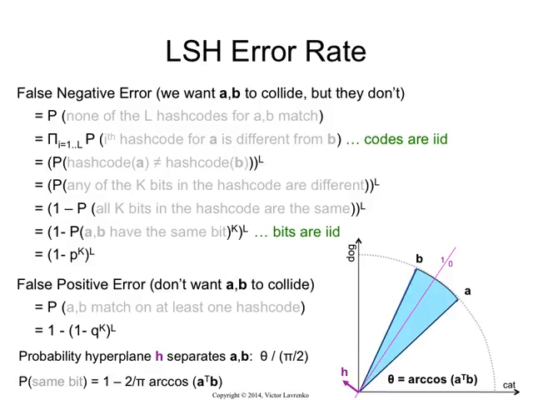So that's going to be the probability that two documents are separated. And then you can use that to compute the probability that they have the same bit. It's just 1 minus that, and I'm substituting the arc cosine instead of theta. So now you know how to relate the cosine between the two data points to the probability that they will have the same bit.